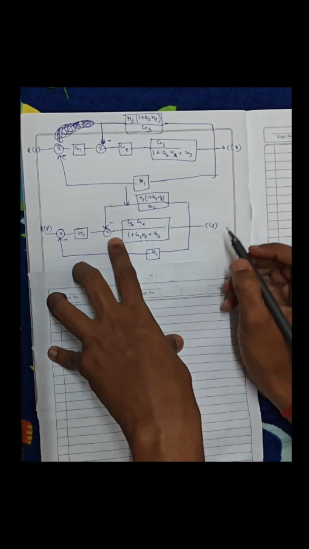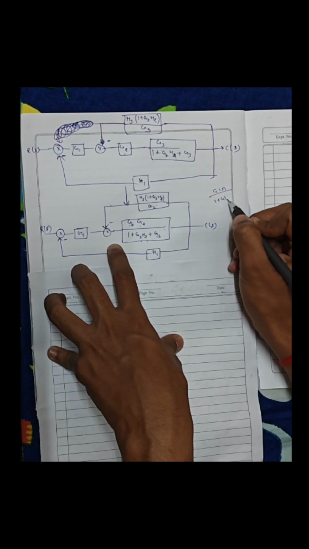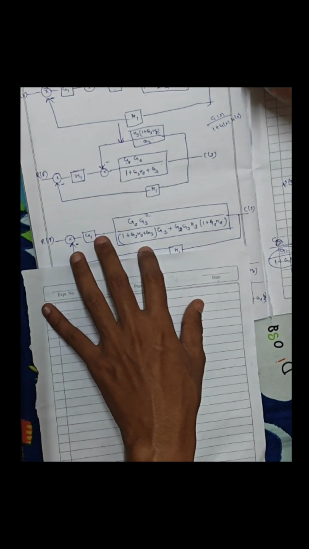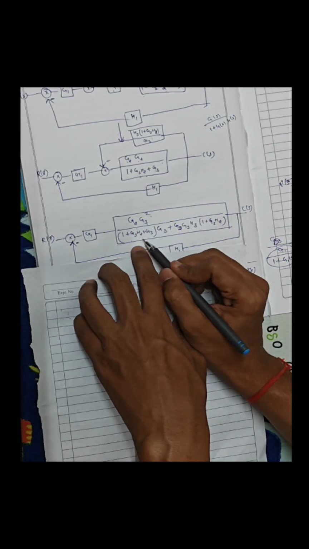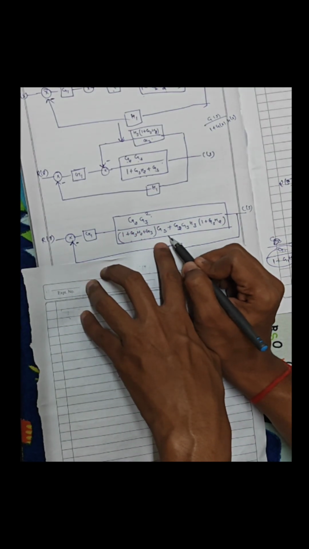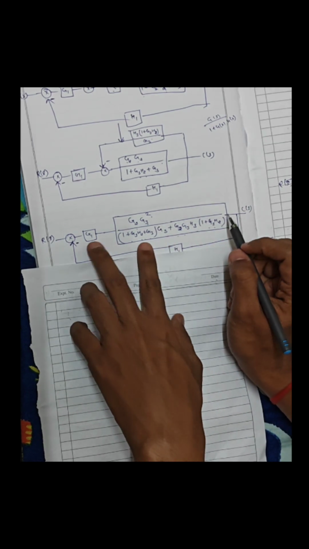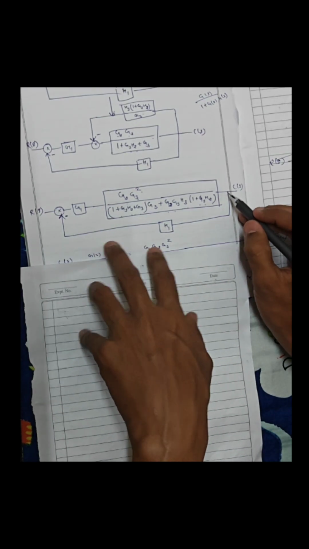After that, applying the formula G of S divided by 1 plus G of S into H of S, we get G2 G3 square divided by 1 plus G3 H2 plus G3 into G3 plus G2 G3 H3. Now these both blocks will be in series, and it will be negative feedback.